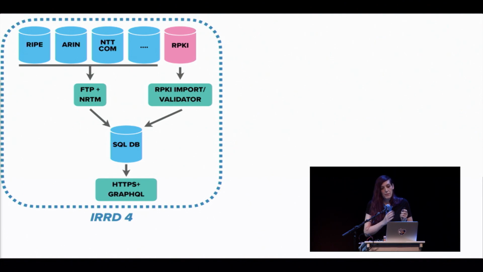They get mirrored into a local SQL database, and then IRRd also does RPKI imports and validation. So it takes RPKI data, translates that into sort of fake route objects, but also validates all the other route objects, whether or not they are RPKI valid according to RPKI origin validation. And then that's all exposed on the GraphQL API. GraphQL is a query language which returns JSON.